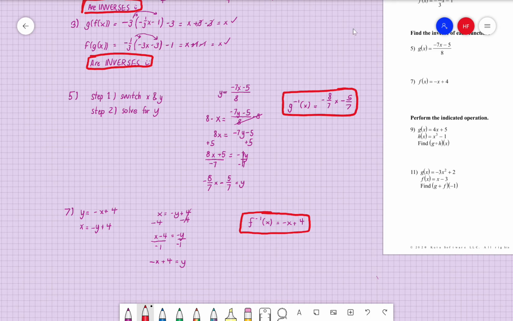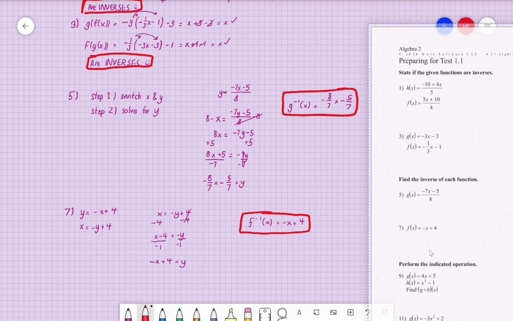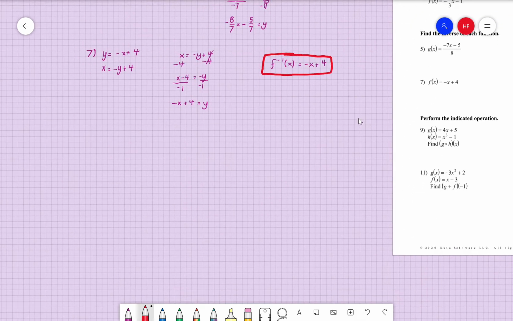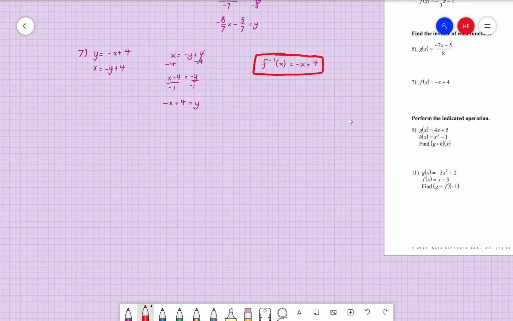So now let's look at number 9. It says perform the indicated operation. The operation we have is g of h of x, which is the same thing as writing g of h of x.